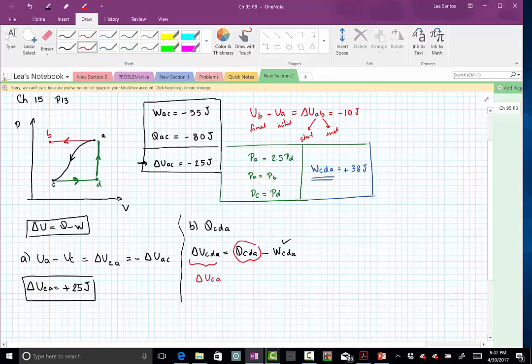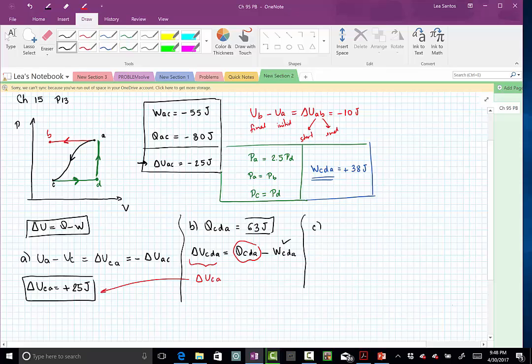And delta U Ca we found here in question A. All right, so we do have that. This is plus 25. The work CdA is plus 38. So we put all this together and we are going to find that this heat added is plus 63 joules. All right, very good. Let's go then to question C.